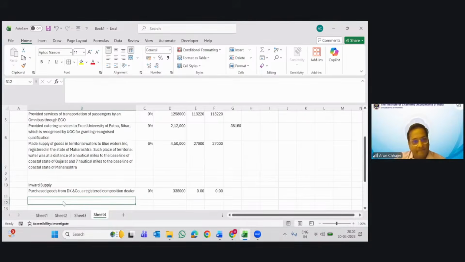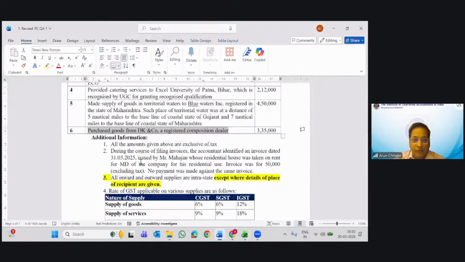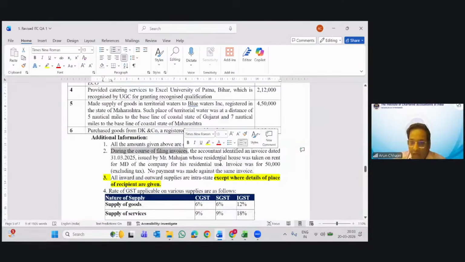Okay. Now, what is the next line item? During the course of filing invoices, the accountant identified an invoice dated 31st March 2025 issued by Mr. Mahajan, whose residential house was taken on rent for the MD of the company for his residential use.